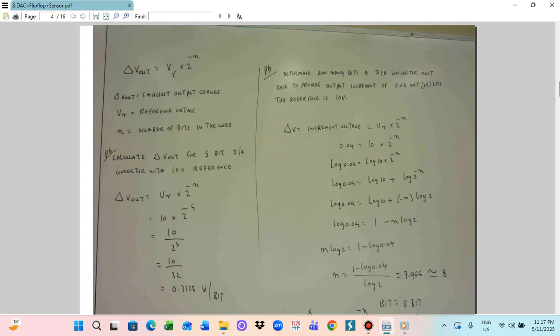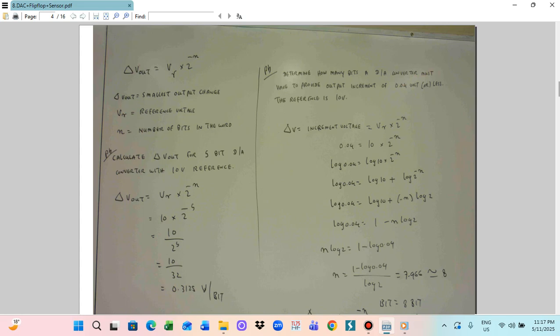We calculate delta V out equal to VR multiplied by 2 power minus n. We don't know delta V out. The reference voltage is 10 multiplied by 2 power minus 5. By solving this, you get 0.3125 volt. By the way, you can calculate the output voltage.